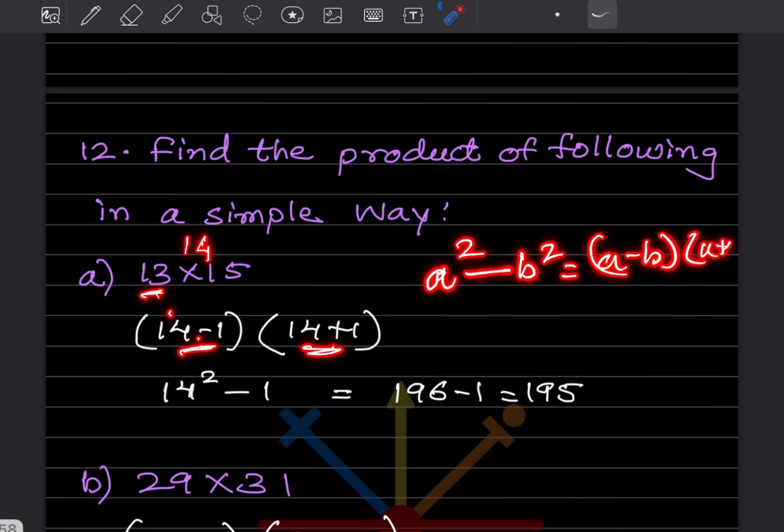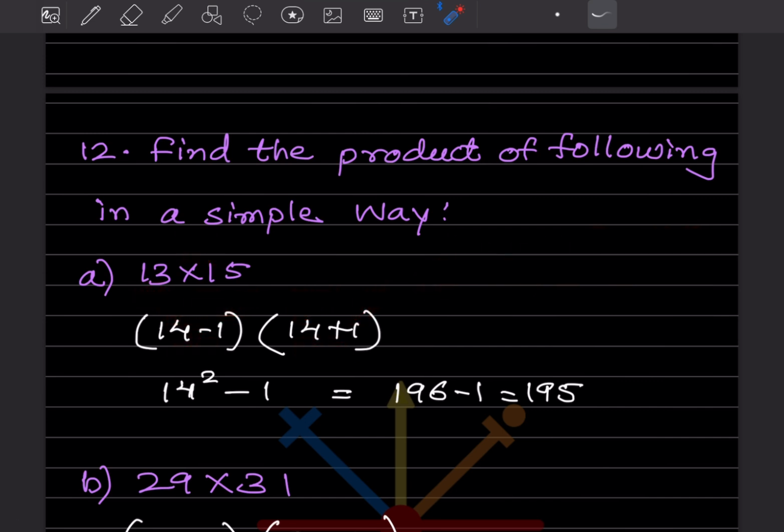So this number should repeat, this will be a minus b and this is going to be a plus b. So we can write it this way. That is going to be 14 square minus 1 square. 1 square means that is going to be 1. So 14 square will be 196 and this is going to be 1. So the answer will be 195.